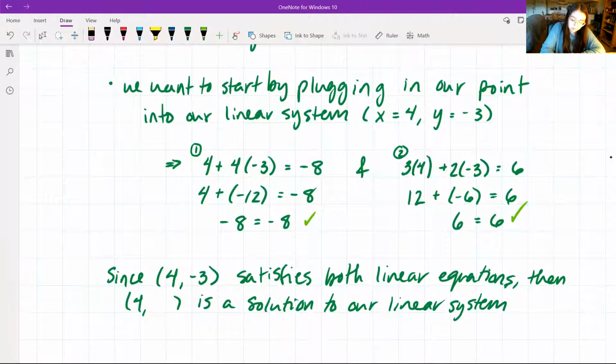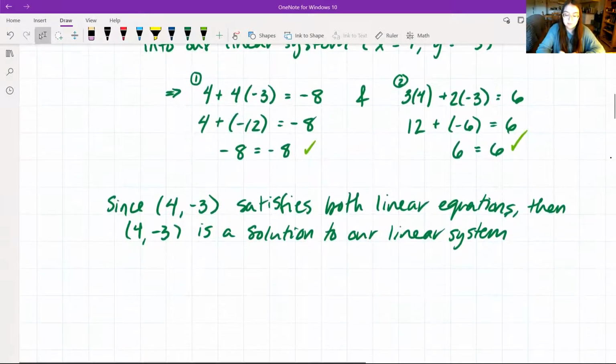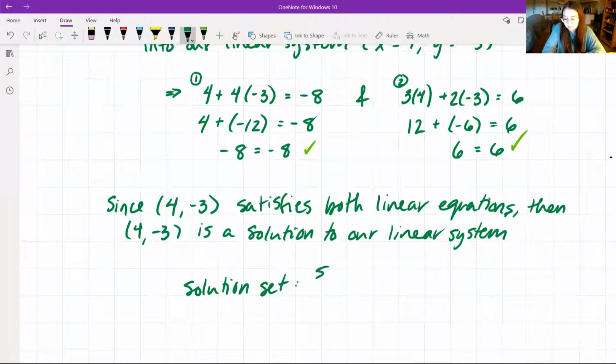So our point 4, -3, or our ordered pair 4, -3 is a solution to our linear system, and we write our solution set. Our solution set in this case is just represented by curly braces and our answer inside the curly braces, where our answer is the ordered pair 4, -3, and this is our solution set.